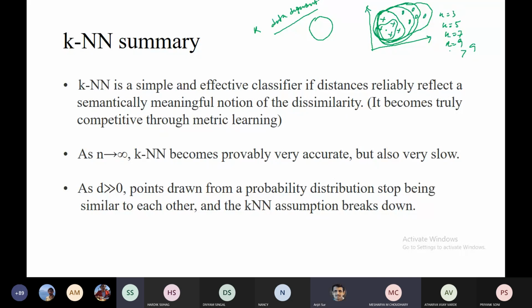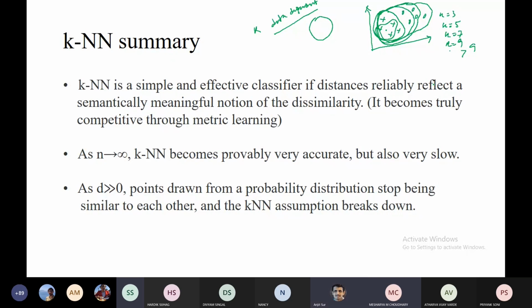So we can summarize this KNN in this way. KNN is a very simple and effective classifier if distance reliably reflects a semantically meaningful notion of dissimilarity, and it becomes truly competitive through the metric learning method.